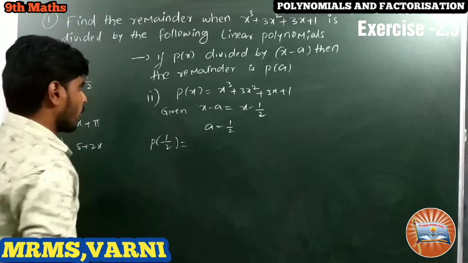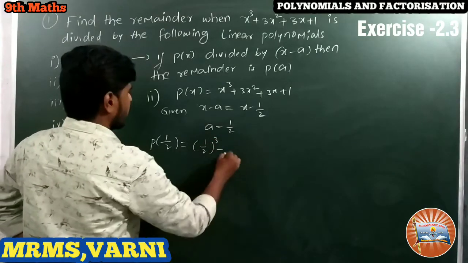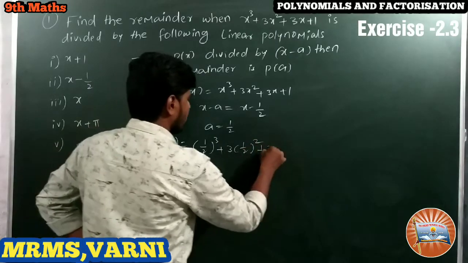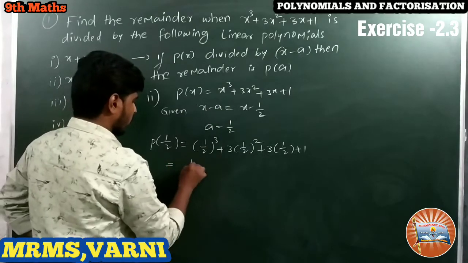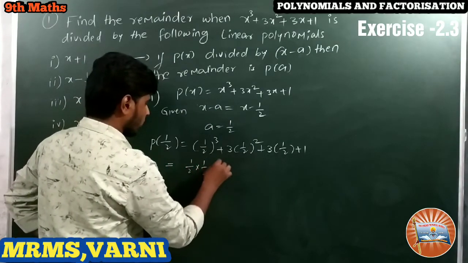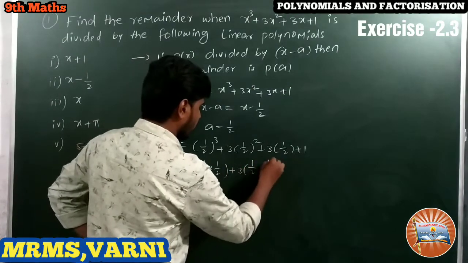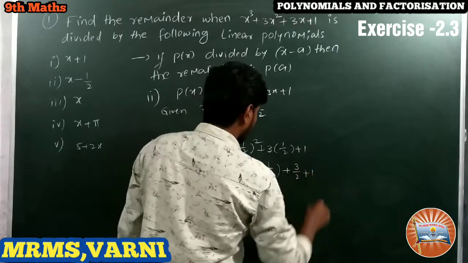Okay. 1 by 2 whole cube plus 3 into 1 by 2 whole square plus 3 into 1 by 2 plus 1. So 1 by 2 into 1 by 2 into 1 by 2 plus 3 into 1 by 2 into 1 by 2 plus 3 by 2 plus 1.